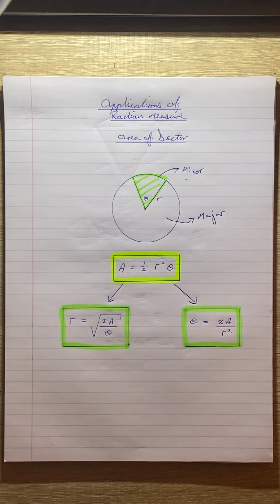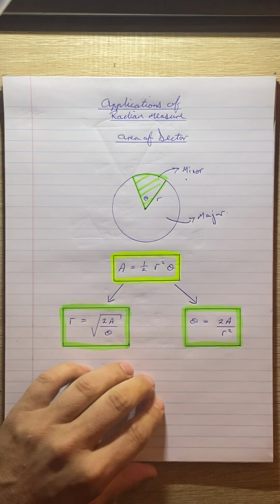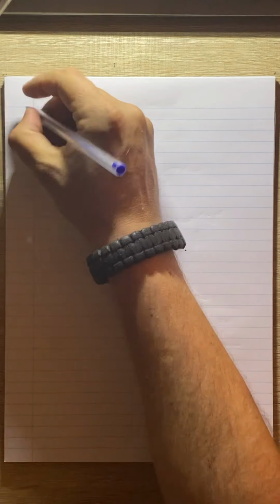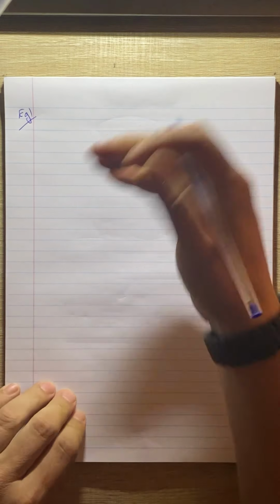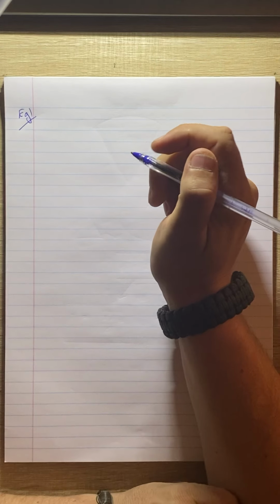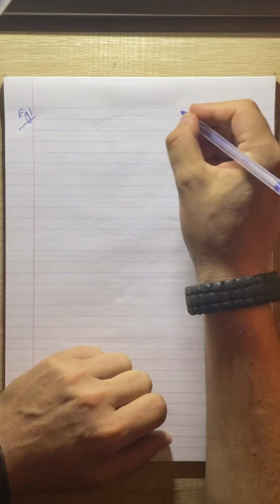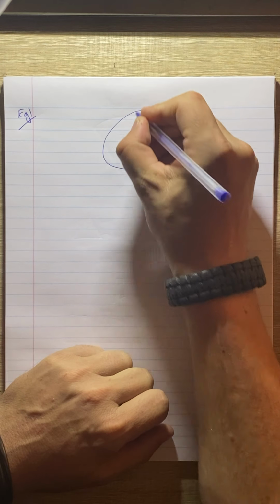All right, so let's go into the first example. Example 1: they're telling us that we have an arc PQ. So what I'm going to do is just draw up the picture.